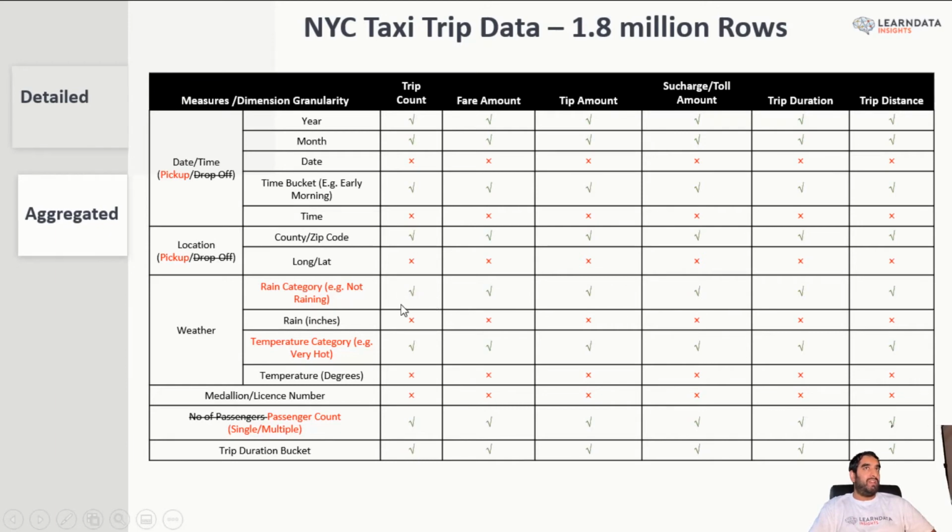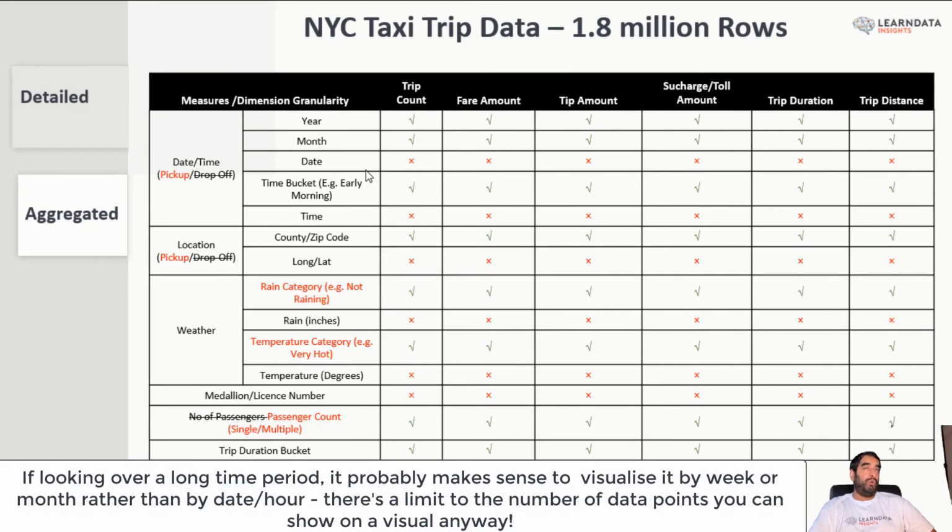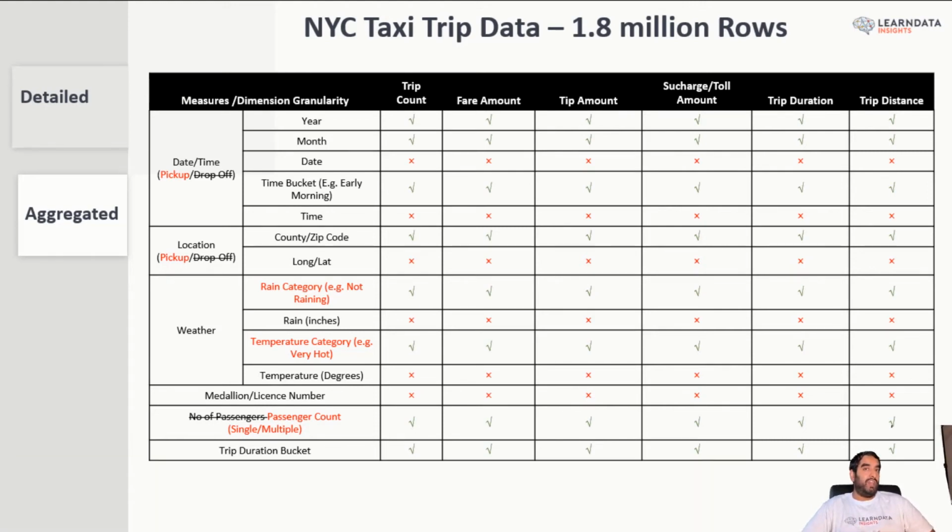So we can say it's raining or not raining, temperature category, passenger count, the number of passengers, and we don't need the time of pickup, we just need time bucket, which we have as an attribute. And at this level of detail, we don't need a specific date, because we're looking at such a large period of time, such a huge volume of data. Looking at it by year and month is more than sufficient to give us the view that we need.